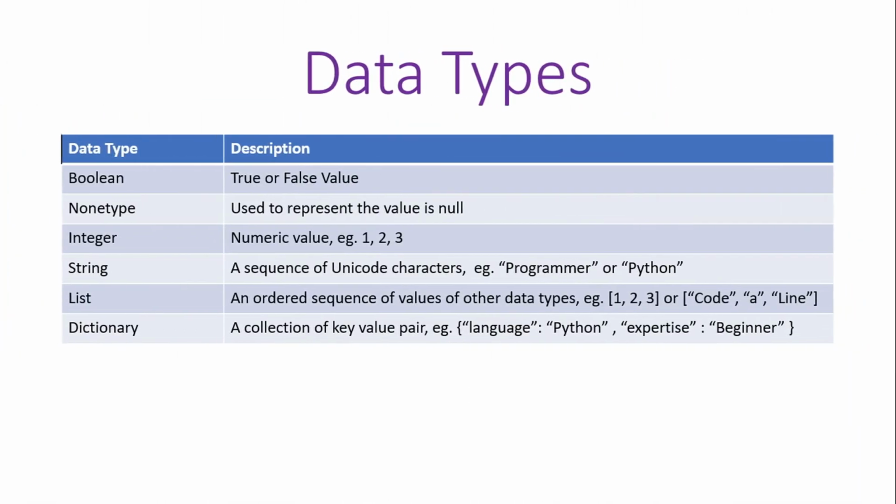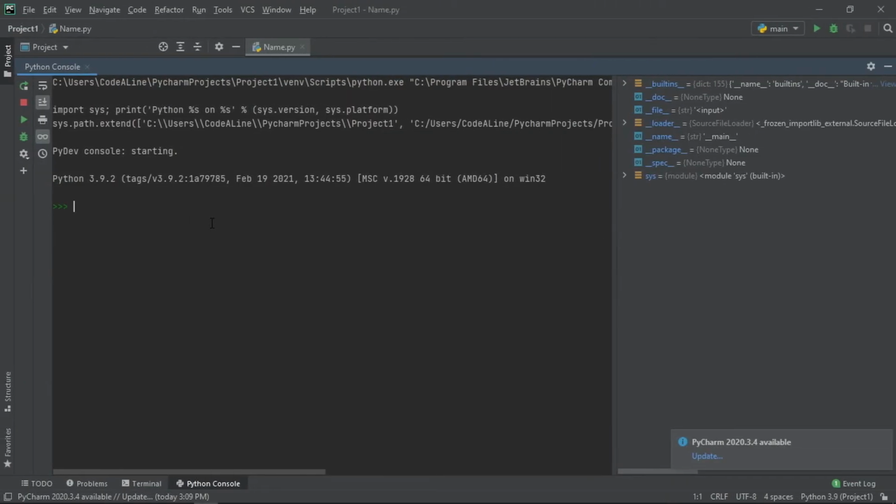We have studied integers already in episode 2. Now we'll be going through strings. What are strings? It's a sequence of Unicode characters inside double quotes or single quotes. Now let's see how it works. Suppose you have a variable called x, and you're inserting the value 8 in x. So the type of x is integer, as you know.